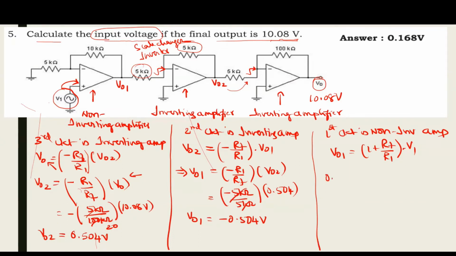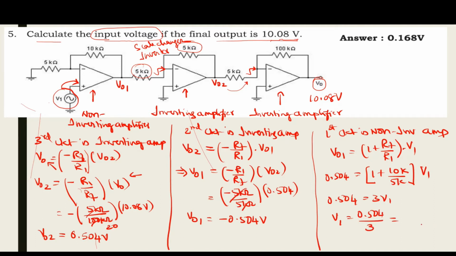So instead, I will just substitute the values, which is easier for me. This is equal to 1 plus 10K by 5K into V1. This will become 0.504 is equal to, this is actually 2, 2 plus 1 is 3, 3V1. So V1 is equal to 0.504 by 3.